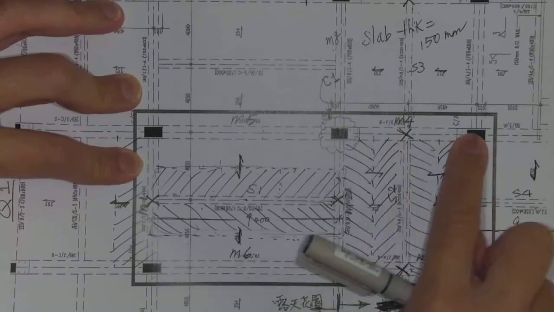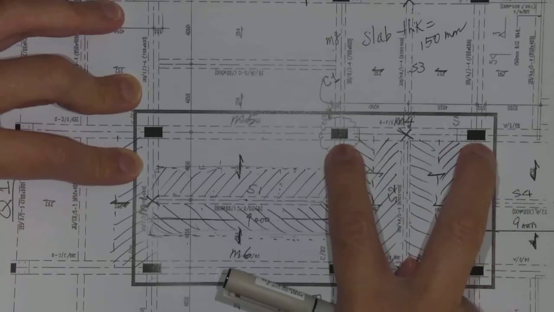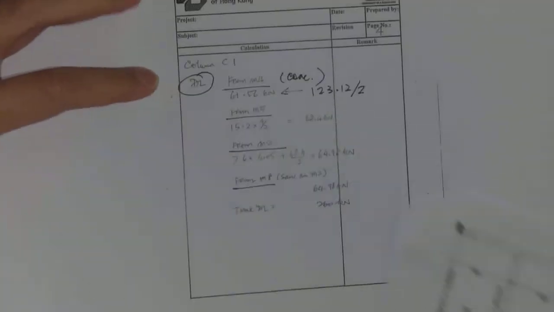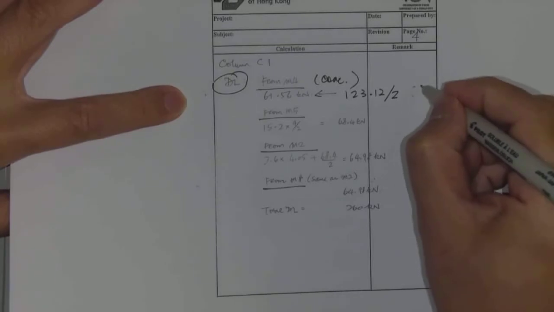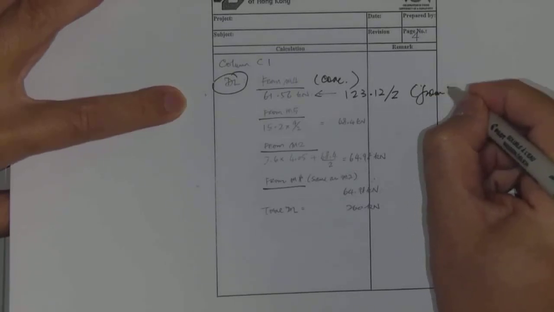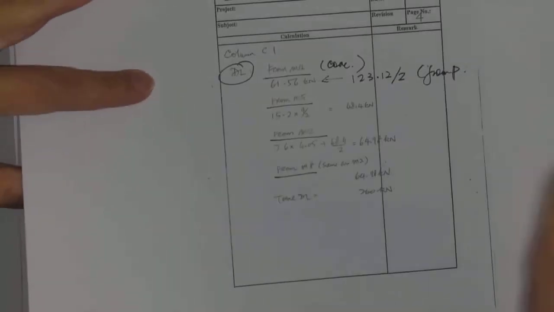So all loading on M4 is equally shared between these two points. So that's how you got 123.12 divided by 2. This is from page 3.